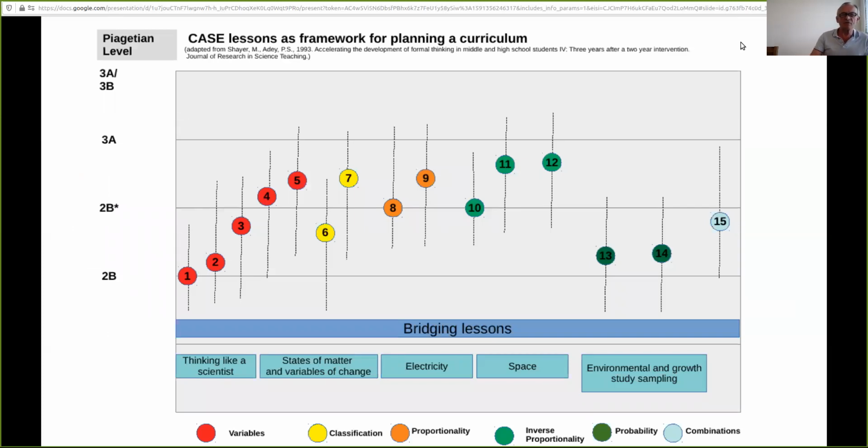Here's an example for the international school I worked at. We effectively built the first year of secondary program with lessons that were bridged in between the 15 CASE lessons we did with the year 7, or what we call grade 6.